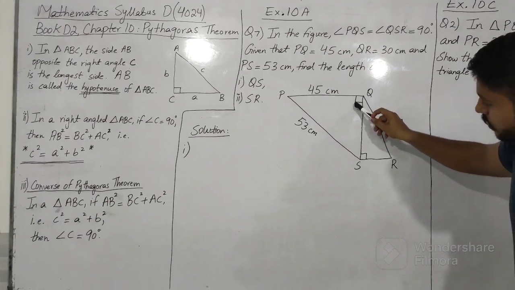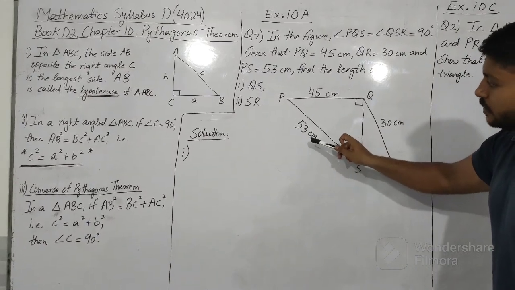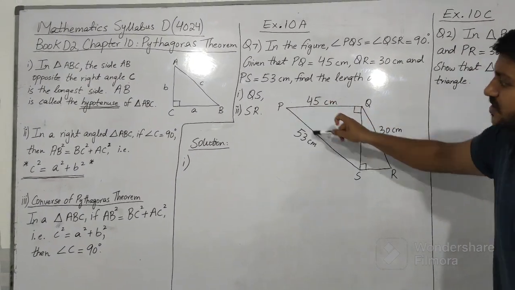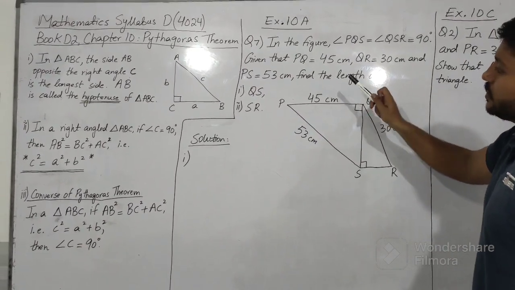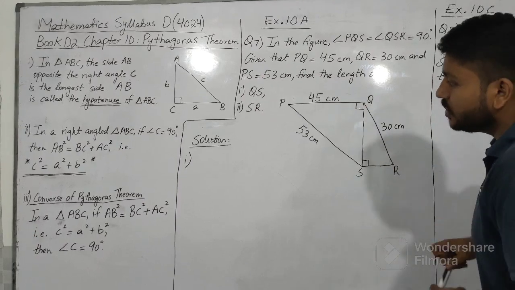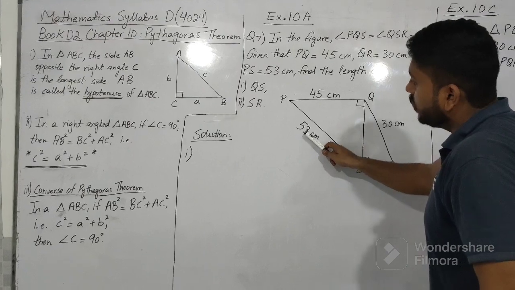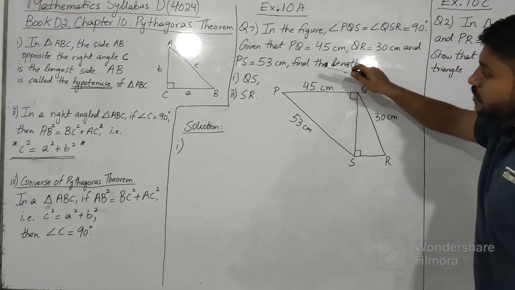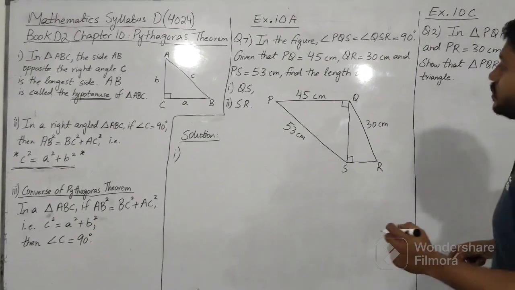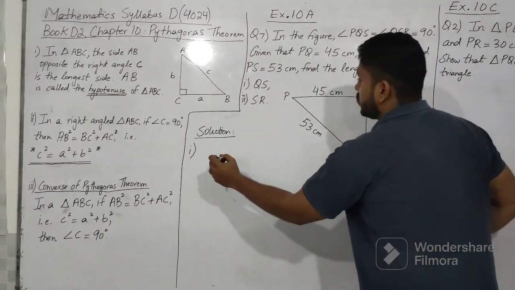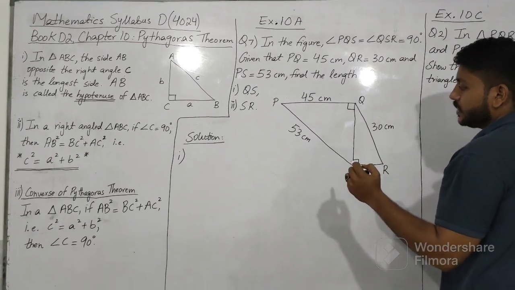So you are given the opposite of the 90 degree, which, as I explained earlier, is the hypotenuse or the longest side of the right angle triangle. And this we can take as the base or the adjacent. So the hypotenuse square minus this base square will give you the length of QS, and square rooting it, of course. So we'll write the formula containing all of these three sides first.